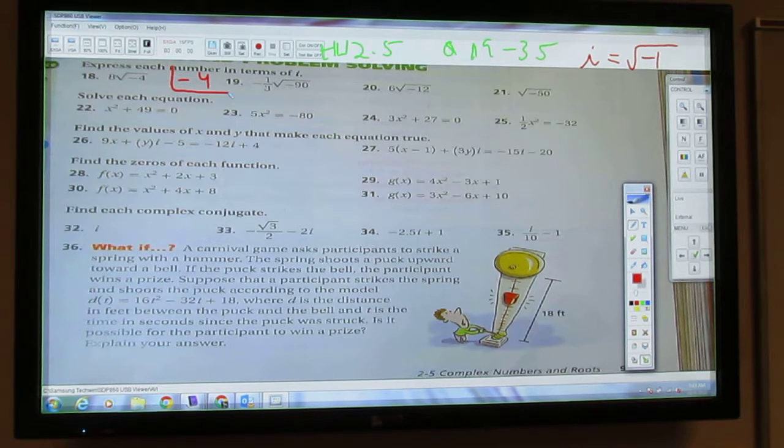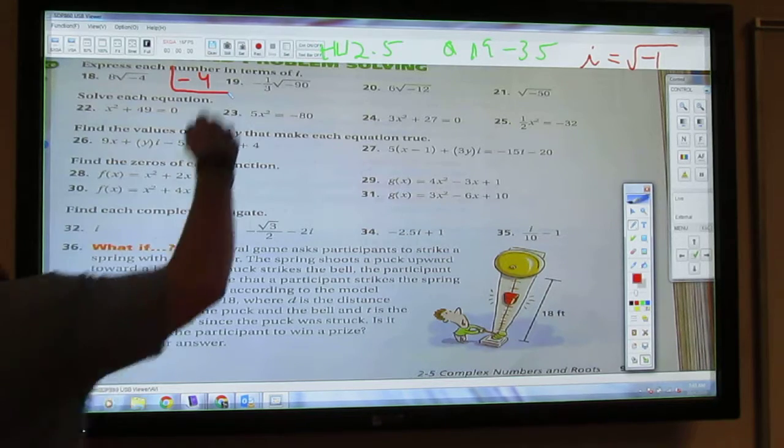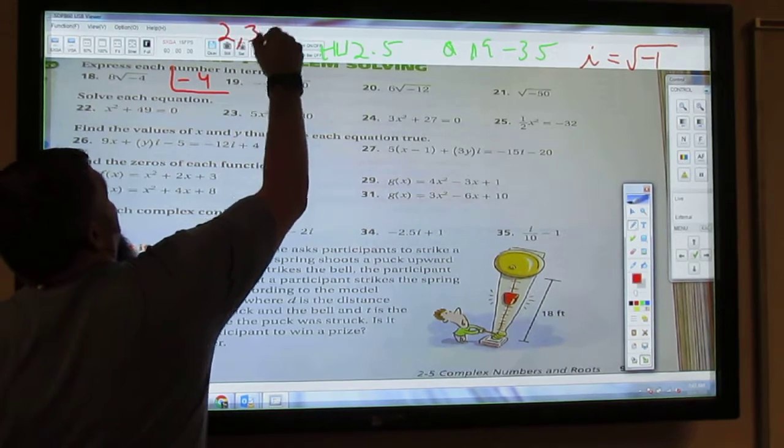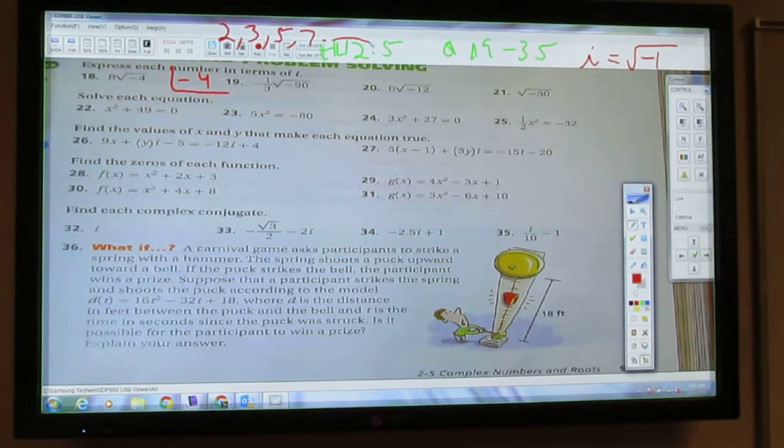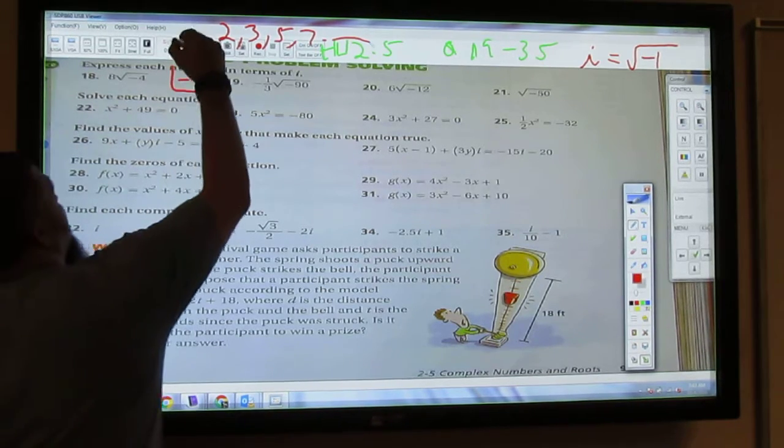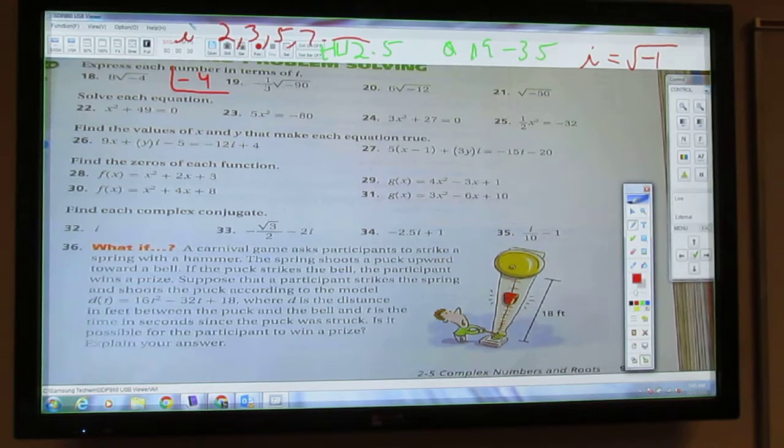The way I teach negative square roots is really simple. Remember how the first step was taking out 2s, 3s, 5s, 7s, all your primes? We're still going to use that, but the first thing we're going to use with imaginary numbers is i.